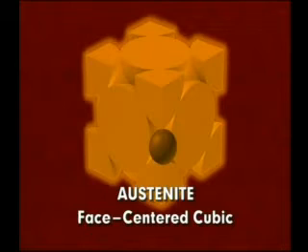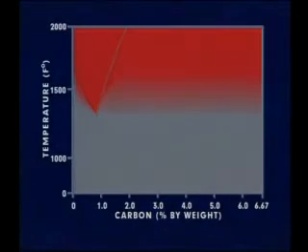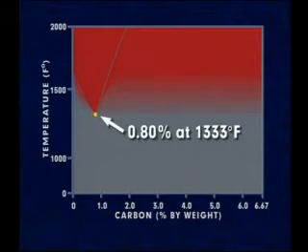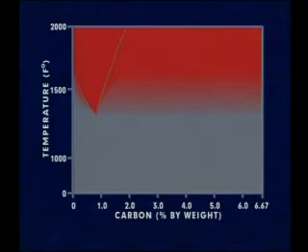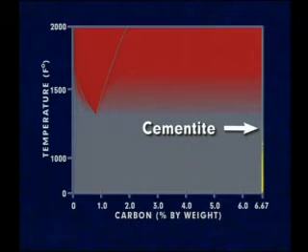Austenite's crystal structure allows it to absorb up to 0.80% of carbon at 1,333 degrees Fahrenheit, increasing to a maximum of 2.0% at 2,066 degrees Fahrenheit. The right-hand side of this iron-carbon phase diagram represents cementite, also known as iron carbide.